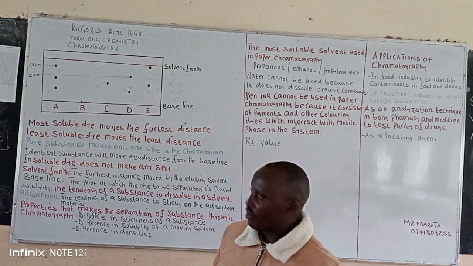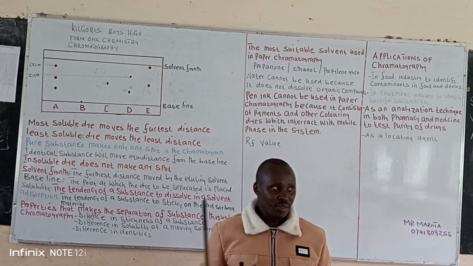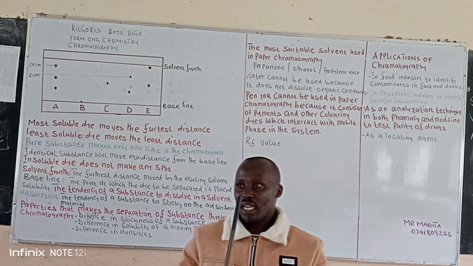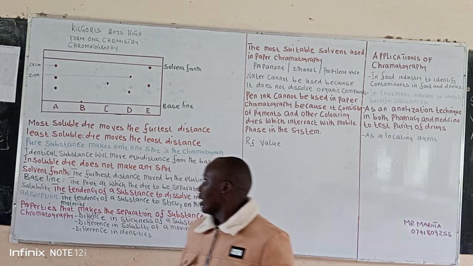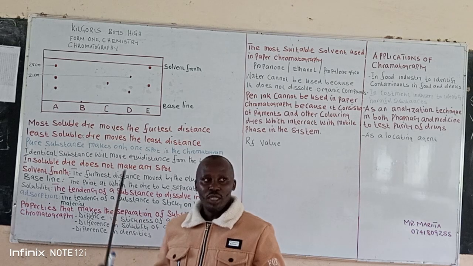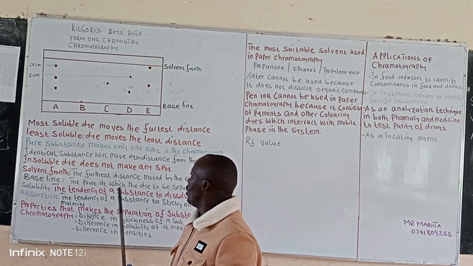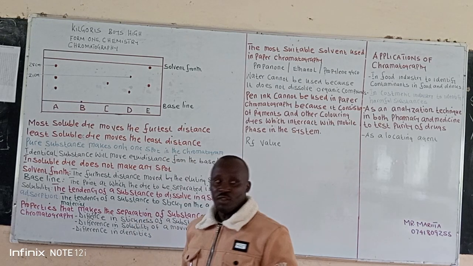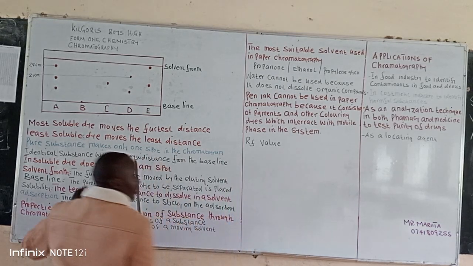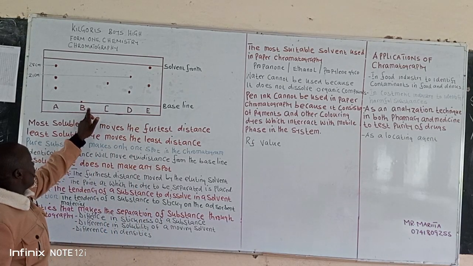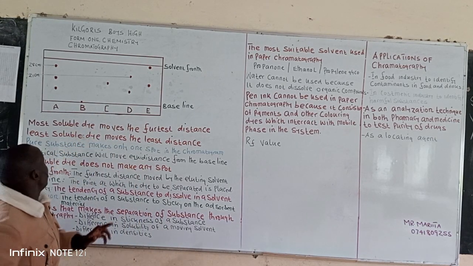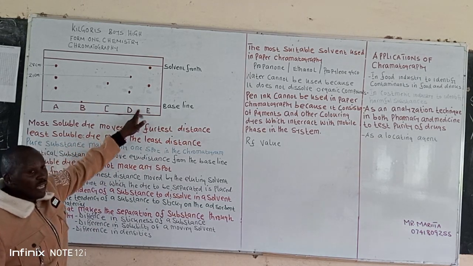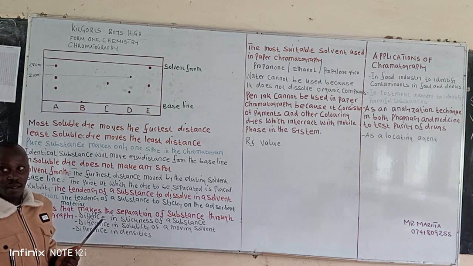Now, chromatography is a method used to separate a mixture of colored substances. So we have the colored substances here. What are some of the things you are supposed to understand about these colored substances? The most soluble dyes normally move the farthest distance from the baseline. For instance, when you compare B, C, D, and E, you realize that E has moved the farthest distance from the baseline.